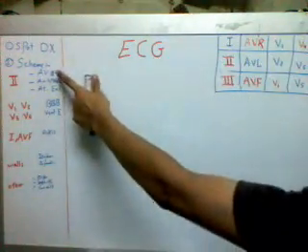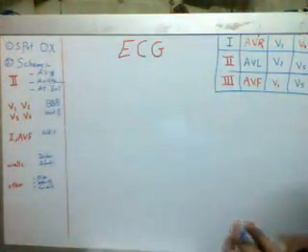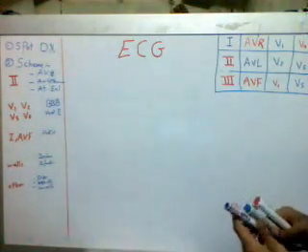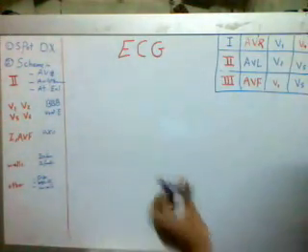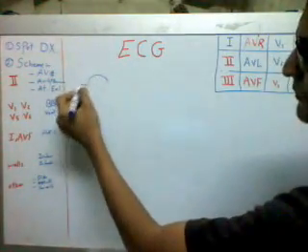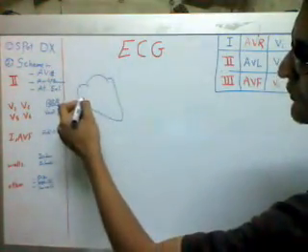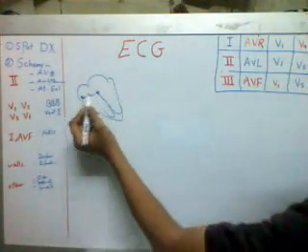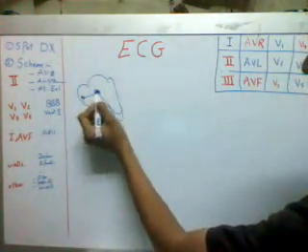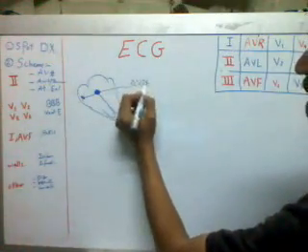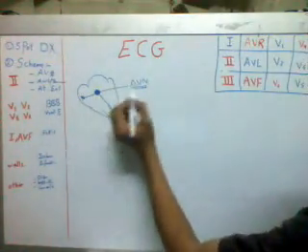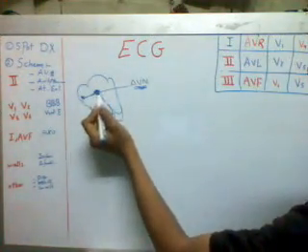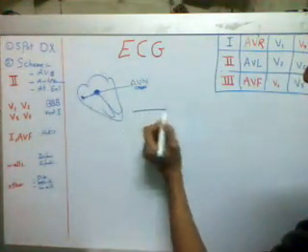We look for AV block. What types of block may we find in lead 2? AV block: what is the problem? We know there is the AV node, then the bundle, then the right and left bundle branches. The problem is in the AV node. There is a delay in the conduction, and delay in conduction refers to delay in duration.